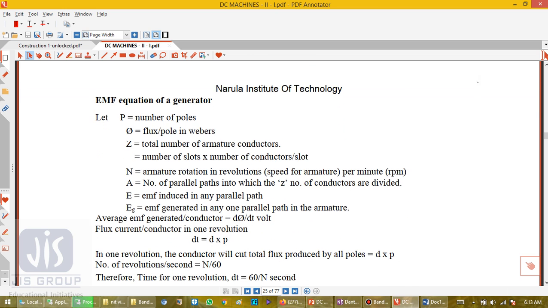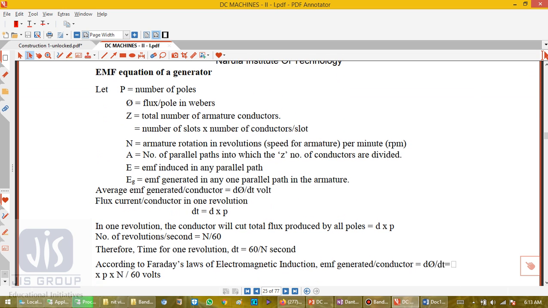Okay, so EMF equation. We have mentioned earlier that as the armature rotates, a voltage is generated in its coil, and in case of a generator, the EMF of rotation is called generated EMF, EG.